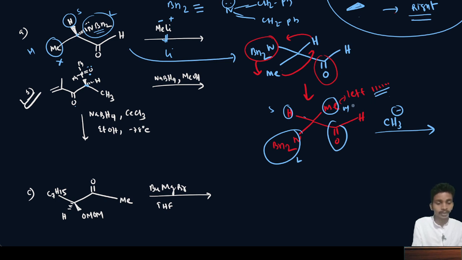Okay, so the medium group is on the left side, so the reagent will attack this carbonyl group from the left side. So let's say if this is the carbonyl group, then the left side will be CH3, and if CH3 attacks, then this is going to be O minus, and after hydrolysis we get OH.